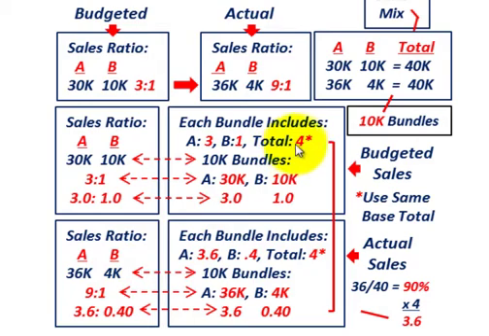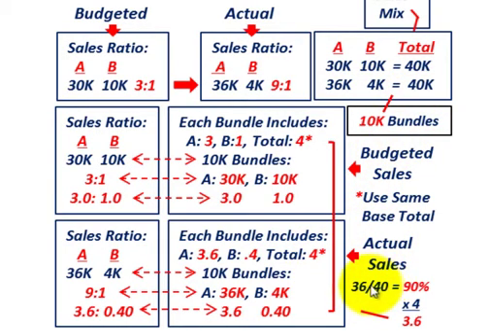Again, I know that each bundle, for both the budgeted and actual sales, includes 4 units, or a quantity of 4. Looking at our conversion, we can look at it in terms of thousands of dollars. Our actual sales for product A was, let's say, 36,000, and our total sales was 40,000.